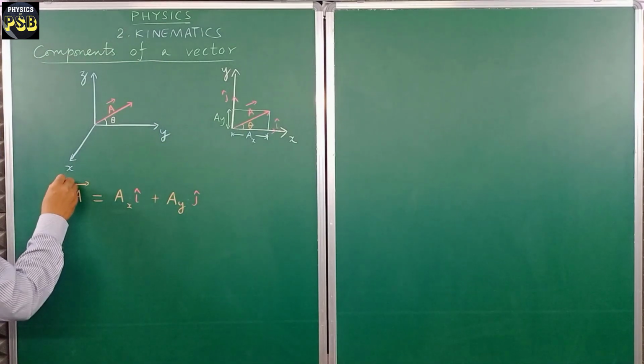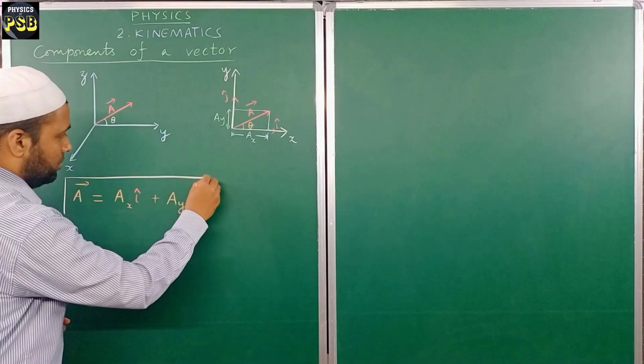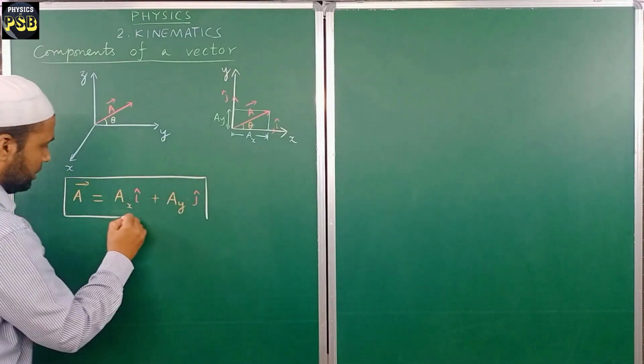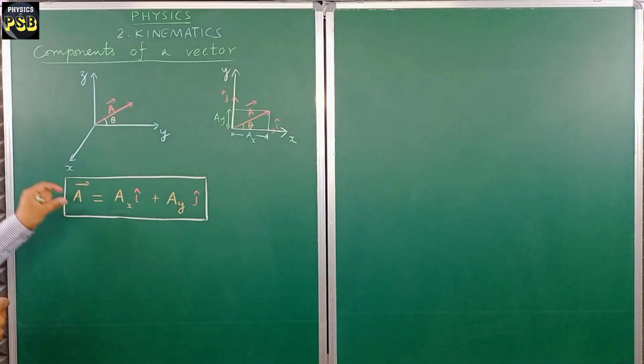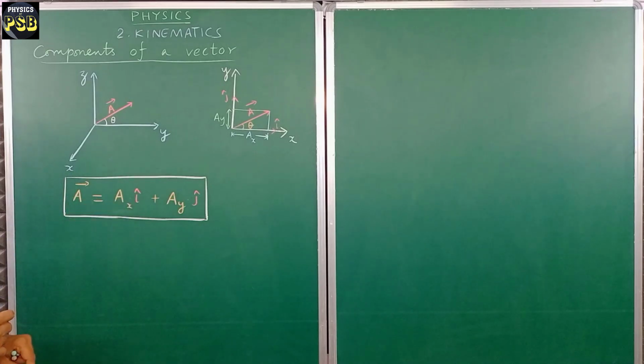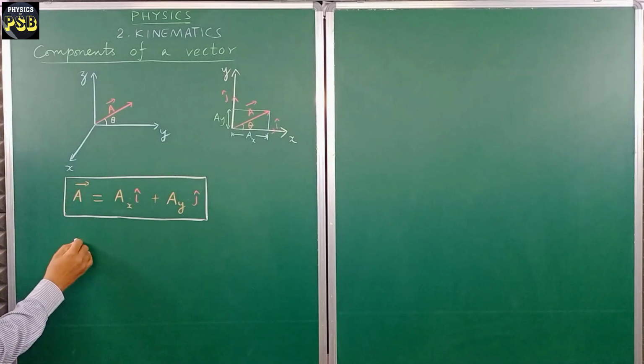So this is how one can represent a vector quantity in terms of its components. This is how one can resolve a vector quantity into its components. Clear? Let's go ahead. Now I will provide the magnitude of A vector.